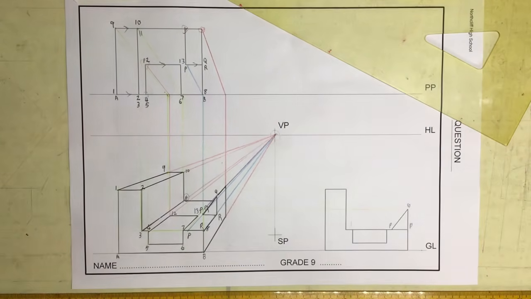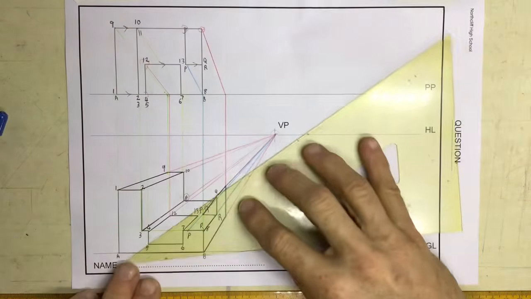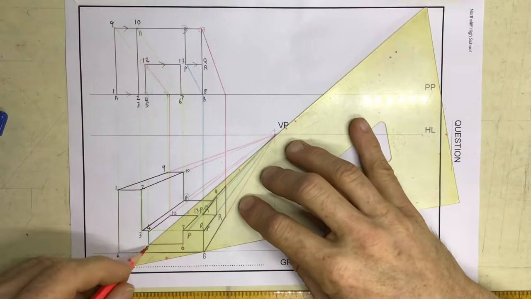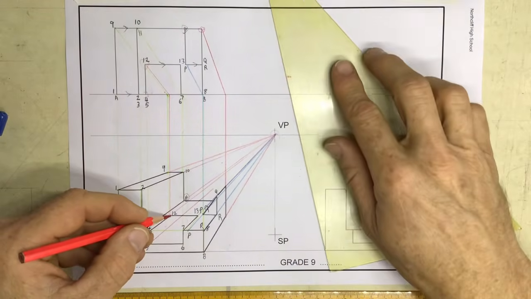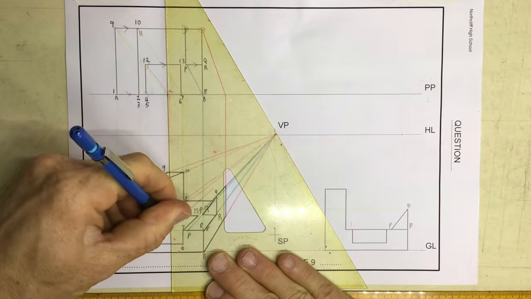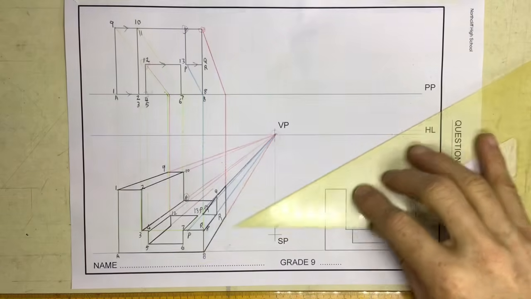There we go. And you'll see over here, I also have missing information over here. I will have a line that comes from point 5 going to the vanishing point. And I need a line that is going to drop down from that corner over there, going down there. A line going across to that corner over there.